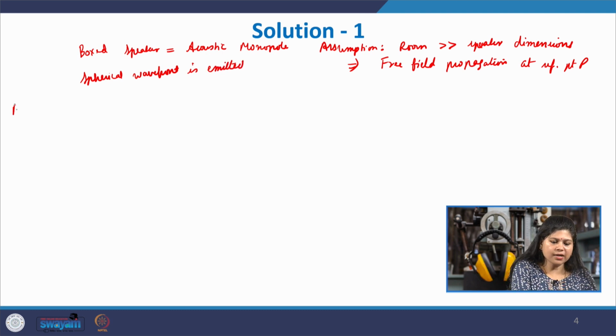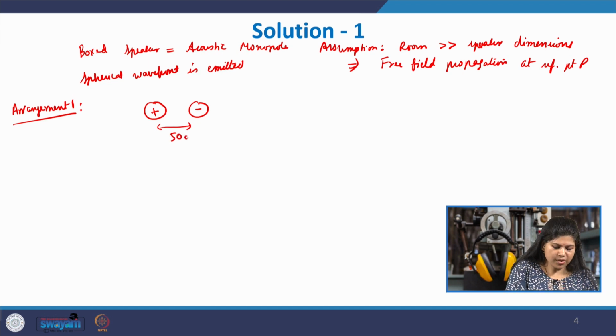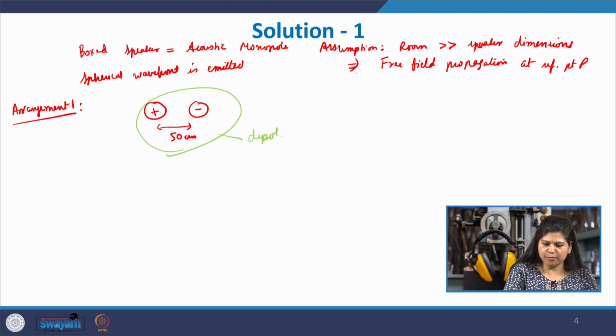Now, let us see what happens in arrangement 1. Two speakers or two monopoles in antiphase at a distance of 50 centimeters. So, what does it behave like? It behaves like a dipole. This becomes a dipole.